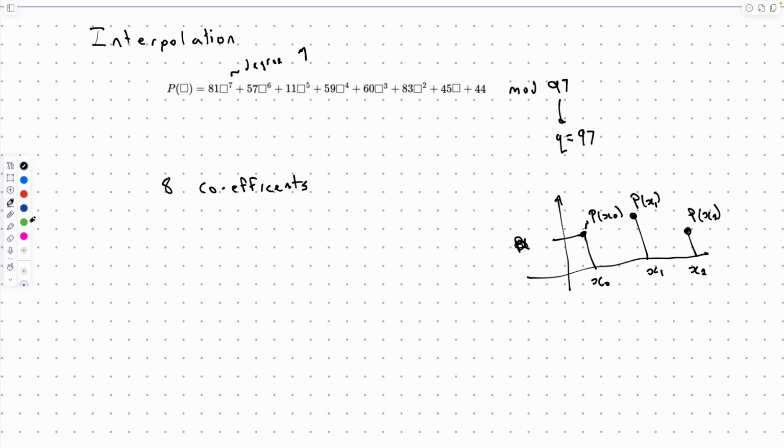And then interpolation is I draw a line through those points, and then now I have the polynomial, and I have it in coefficient form. Okay, so that's the output. What does it mean to draw a line through? Well, drawing a line through just means converting it into coefficient form. Okay, so you can think of interpolation as moving between 8 coefficients and some number of points on the polynomial.